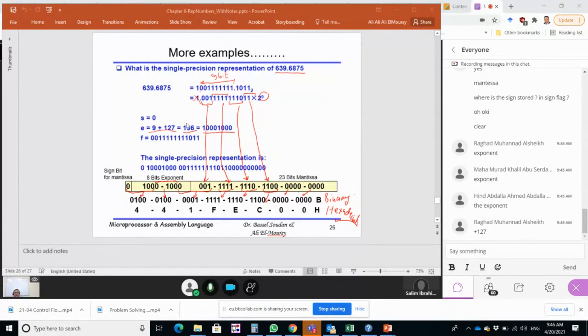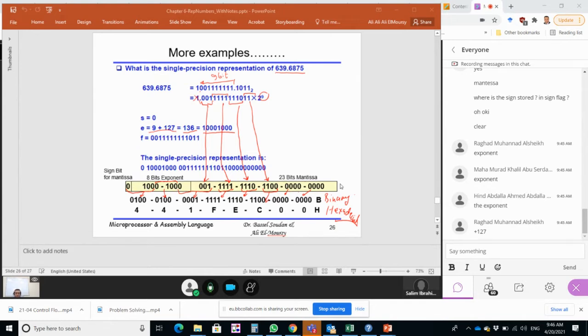So I will take the 136 and convert it from decimal to binary. Okay? I will end up with 1000 1000. This is the exponent. So I will take the exponent and store it here in the exponent field. Okay?